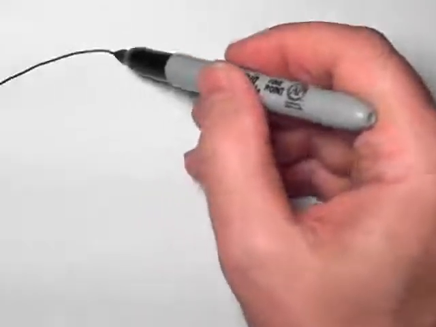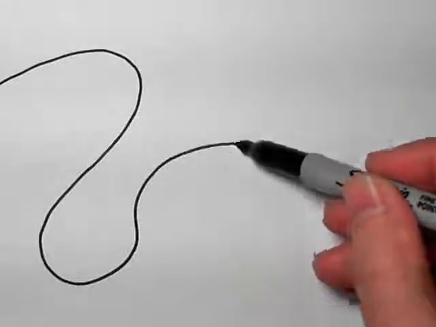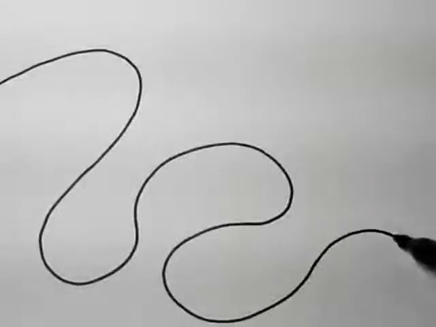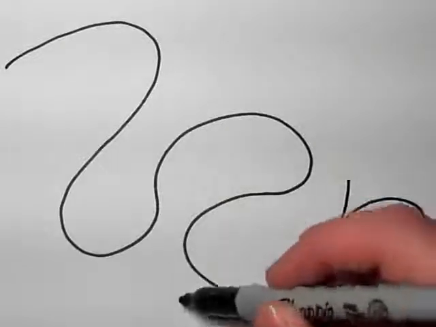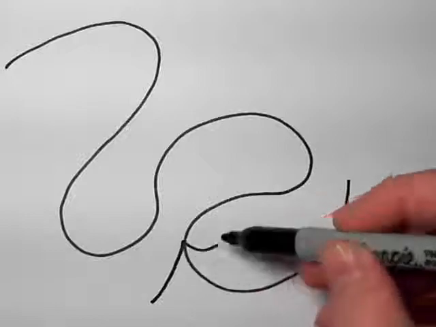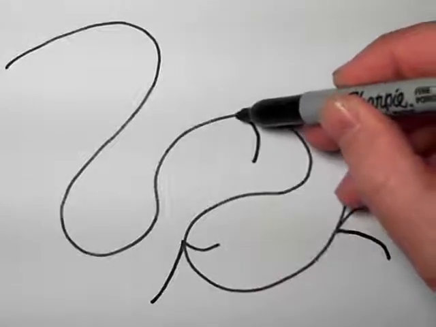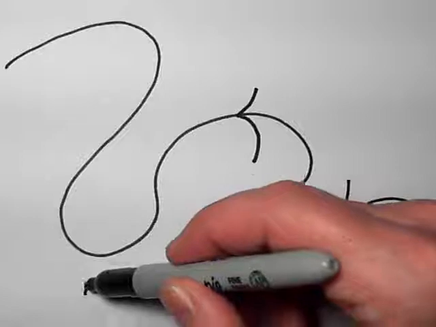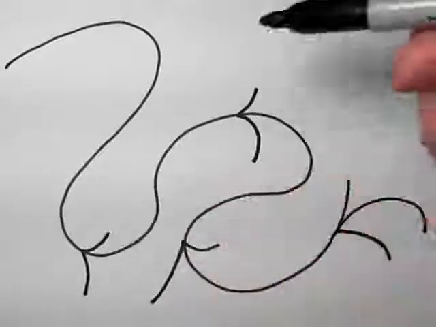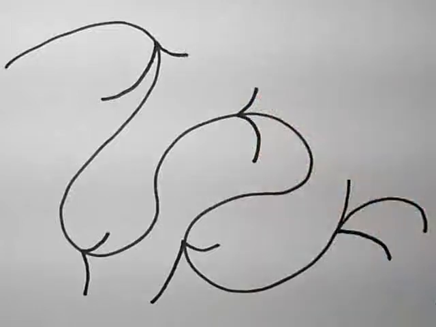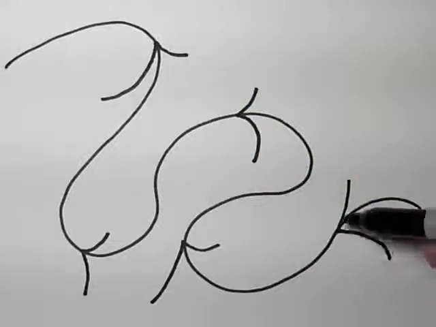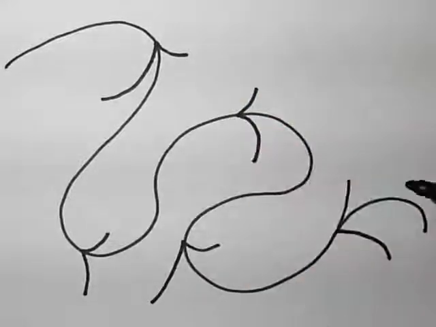I'm going to create a stream, and I'm going to add some contour lines. The contour lines, as you know, create V's when they cross the stream.